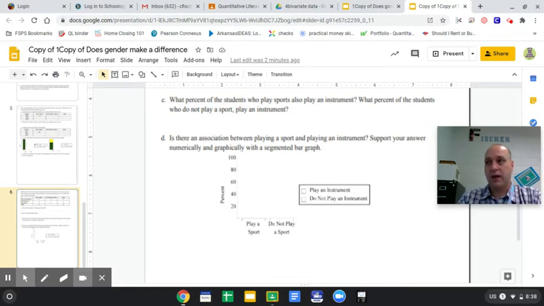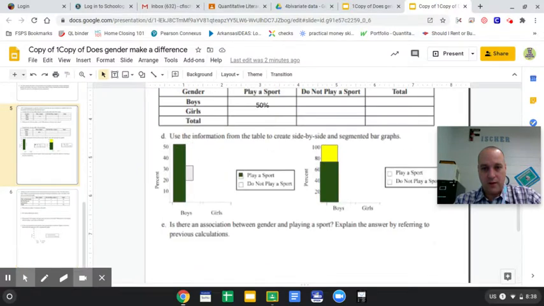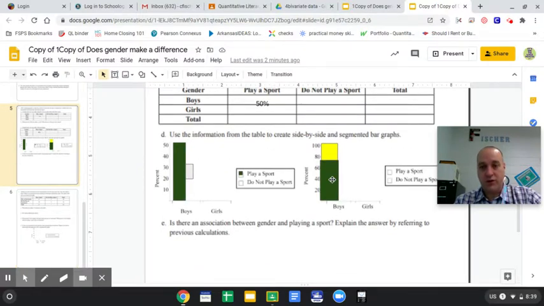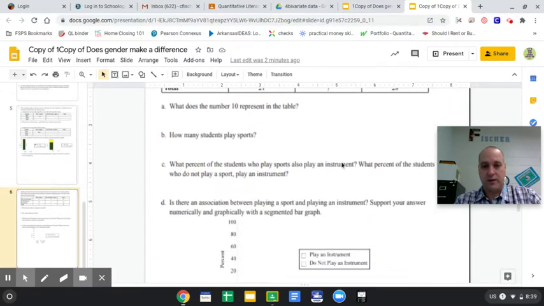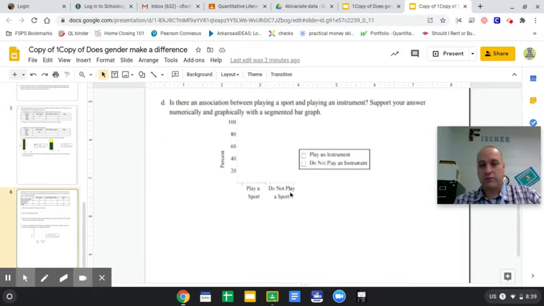So again, you're going to make a bar graph right here. So 11 out of 21 was like 50 something percent. So you draw a bar graph here. Segmented bar graph, remember, is one that looks like this, where they're on top of each other. So they're going to add up to 100, but the first one is whatever that first percent is that you got on part C. And then do one for how many don't play a sport.